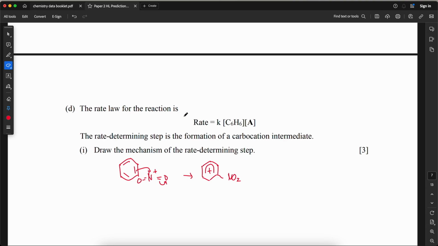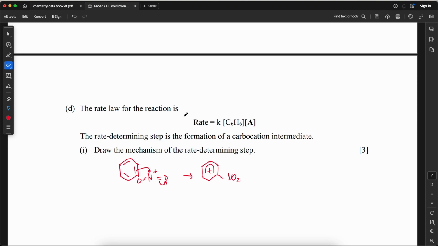So the order of the reaction for a reactant indicates the number of molecules involved in the rate determining step. If the rate determining step is not the first step, a reactant may affect k because it reacts to form an intermediate that is involved in the rate determining step.